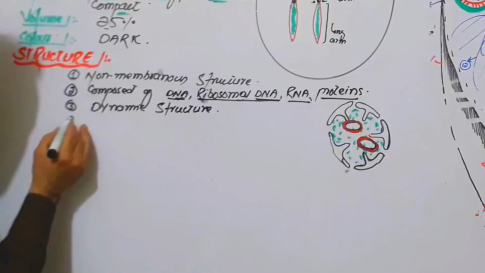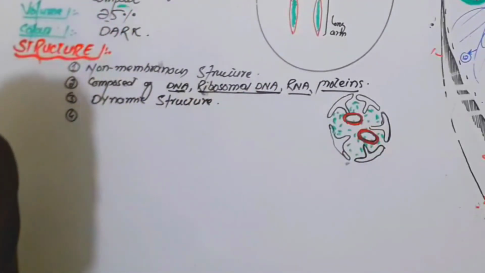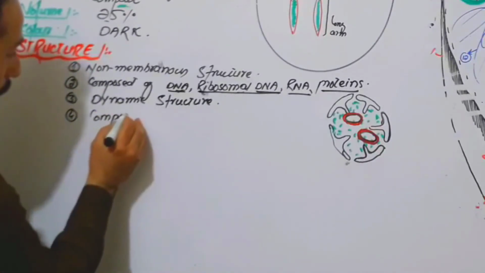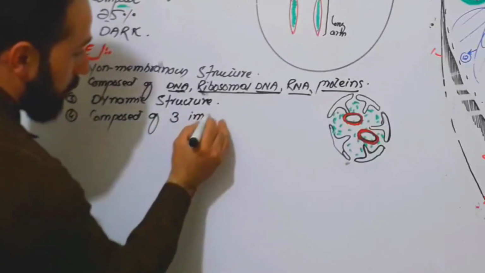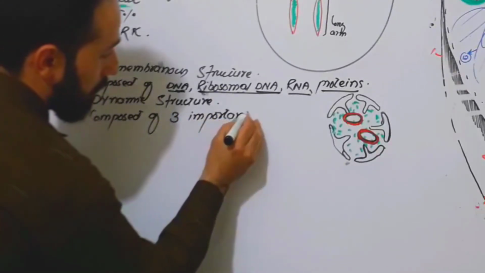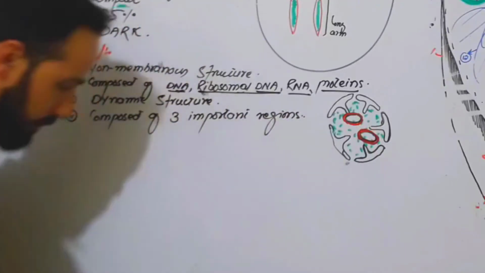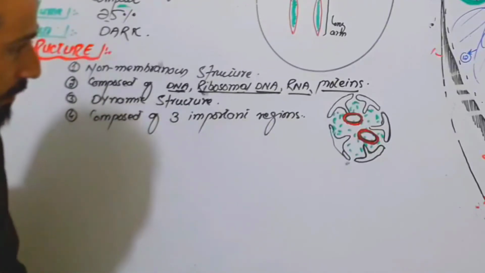Then the fourth important point about the structure of the nucleolus is that it is composed of three important regions, right? What are those important regions? Let me mention them here with this green color.